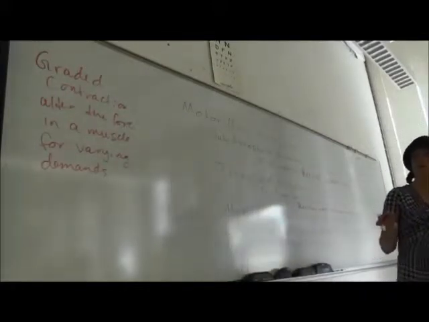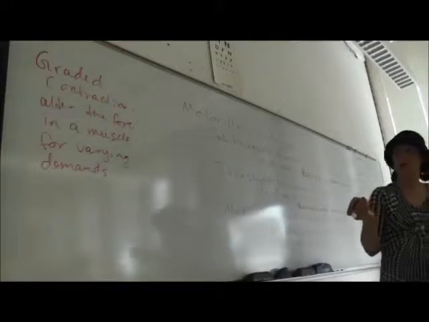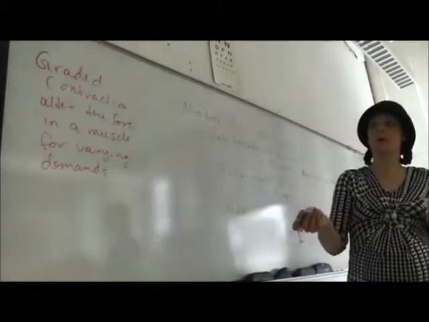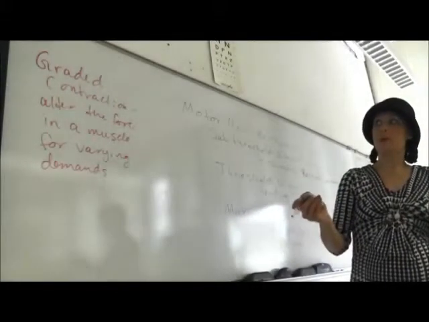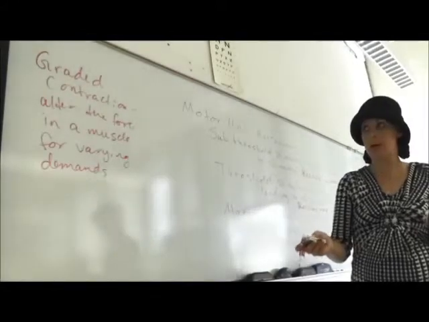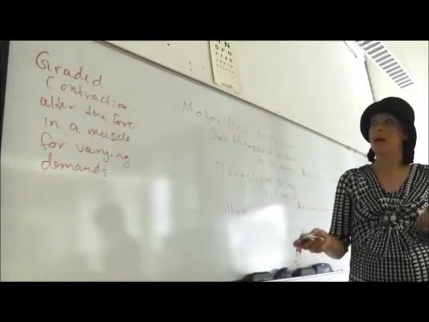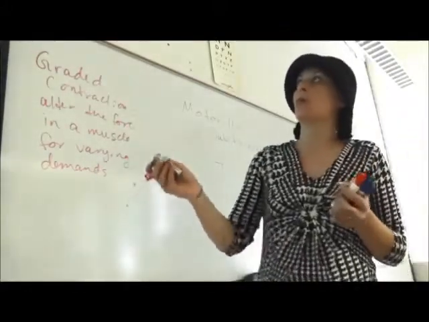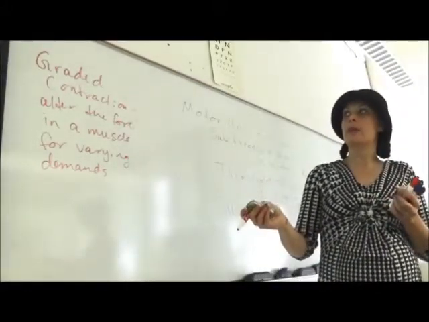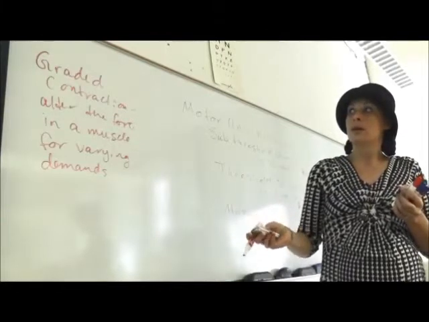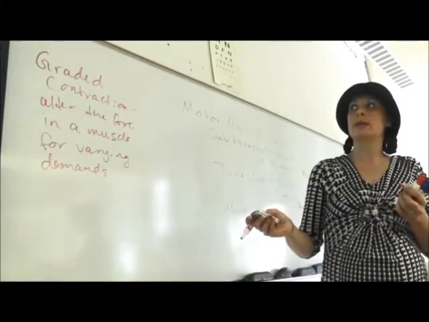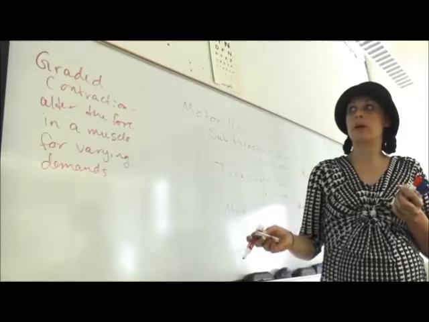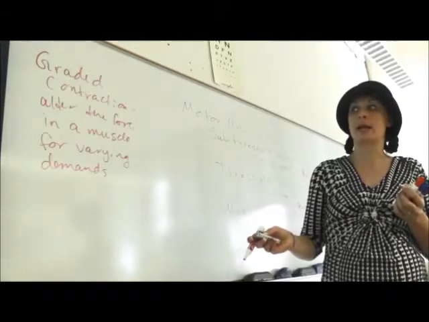Now I hit it with 4 millivolts, and I'm going to recruit another motor unit, so I'll get a little bit more tension. Hit it with 5 millivolts, recruit another motor unit, build a little more tension. Hit it with 6 millivolts, recruit more motor units, build a little more tension. As soon as I hit it with 7 millivolts, I've recruited every motor unit in this muscle, so it's going to produce the maximum level of tension that it can.